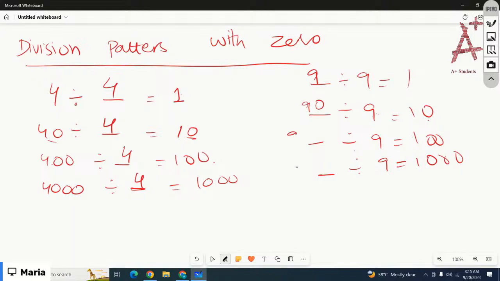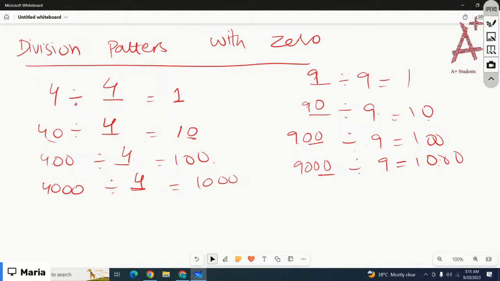Here you have 100, so 100 times 9 is 900. Here you have 1000 times 9 is 9000, because multiplication and division are opposite to each other, right?